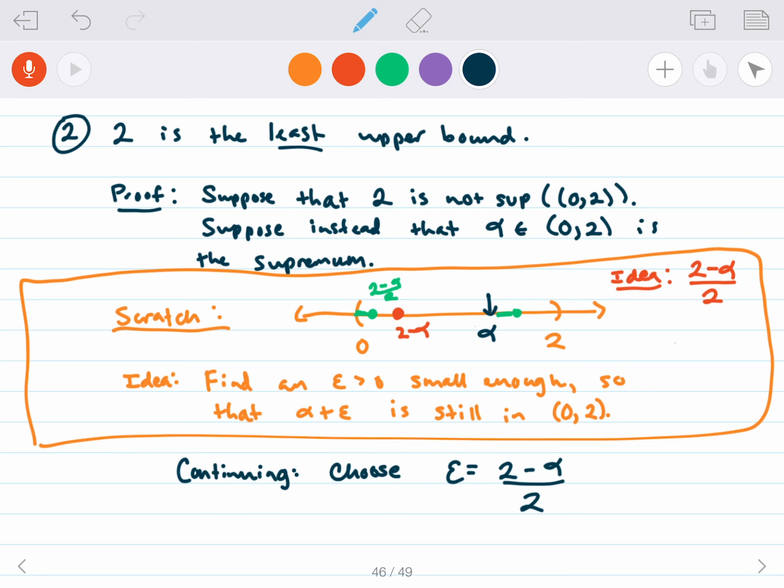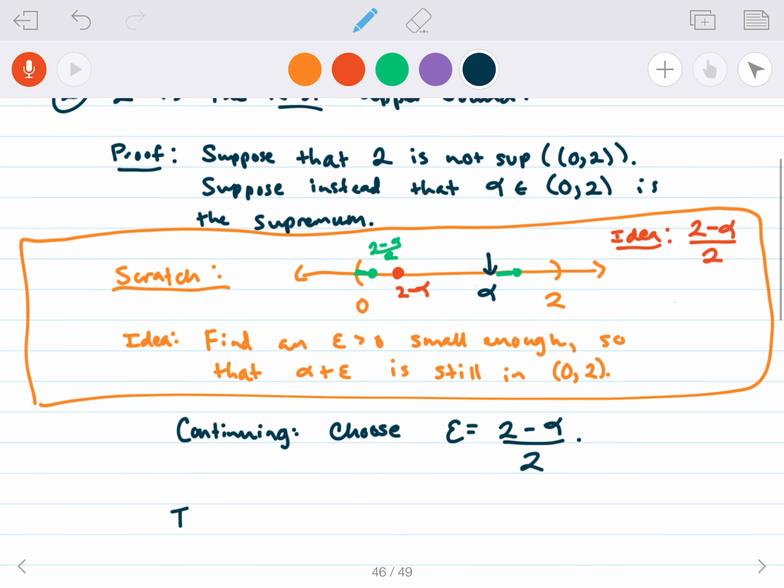Okay, we know that this is strictly bigger than 0, right? So we can choose an epsilon in this fashion. And it's strictly bigger than 0 because alpha was between 0 and 2. So 2 minus alpha will certainly be positive since alpha is between 0 and 2, but not equal to 0 or 2. And then halving it, you're still positive. So no problems there. Okay?